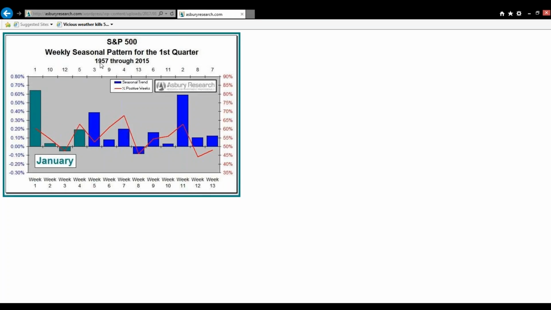What this shows is that the first week of January is the strongest of the entire first quarter. It leads into a couple of weak weeks in the second and third weeks of January, and then the weakest week of the entire first quarter is in the latter part of February. So we typically get a strong week coming out of the Christmas break, and then things start to deteriorate from there.